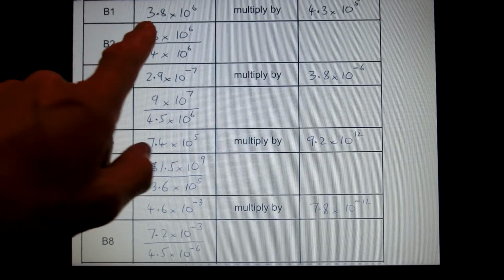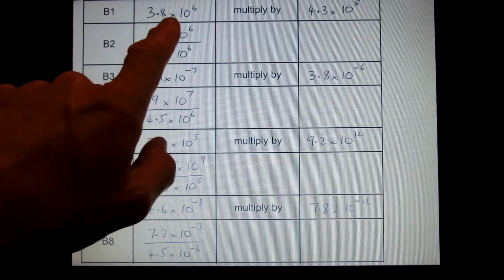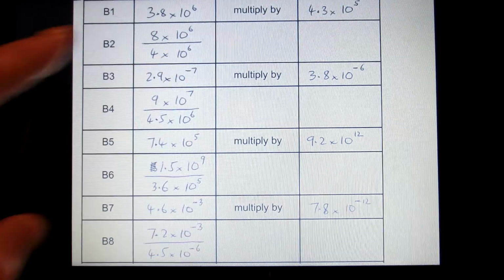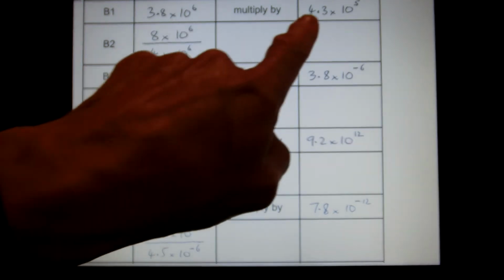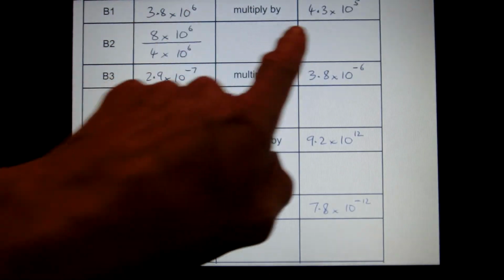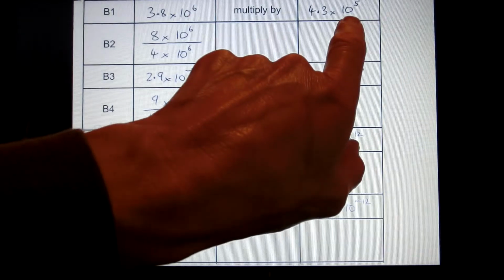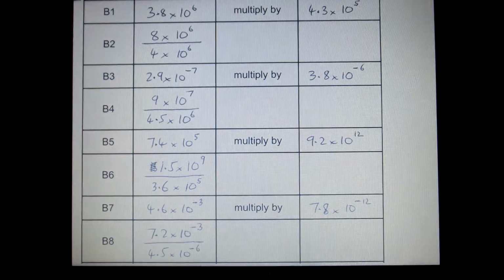So if we want to multiply this number here by this number here, we're doing that times that multiplied by this. So we've got four things in a multiplication chain. Multiplying doesn't care about order, so put these two at the front of the chain. 3.8 times 4.3 times 10 to the 6 times 10 to the 5. 3.8 times 4.3 will be roughly 16.